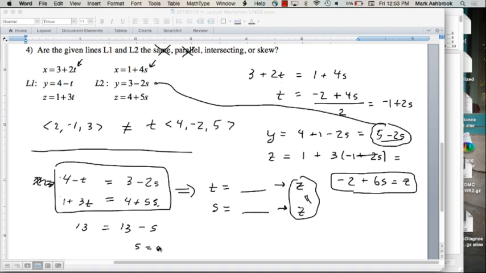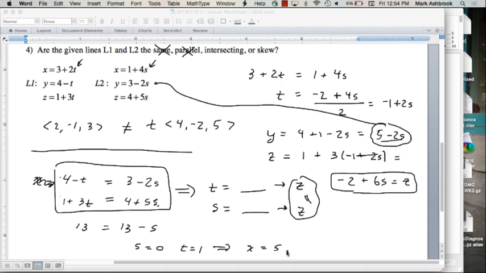Say what would t equal? So then t equals 1. Is that right? So 4 minus 1 equals 3, and 1 plus 3 equals 4. So now, this was y and z? Does these give the same x coordinate? So if that's true, you get x equals 5, right?